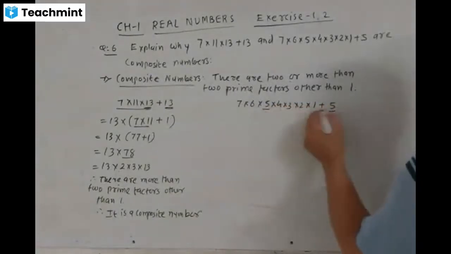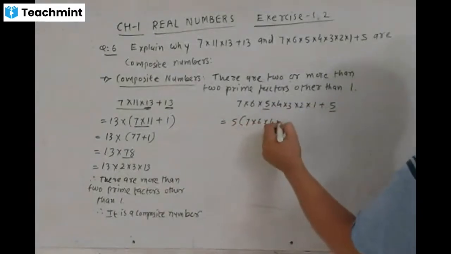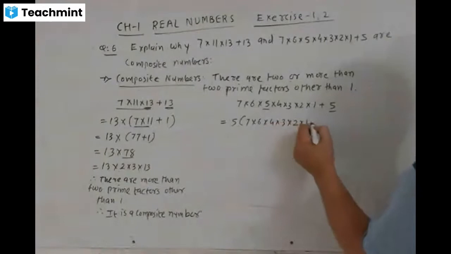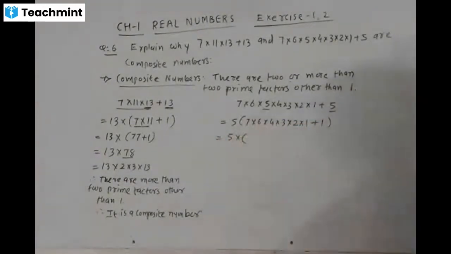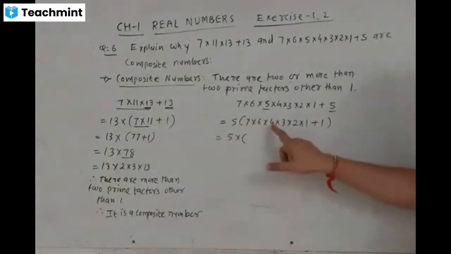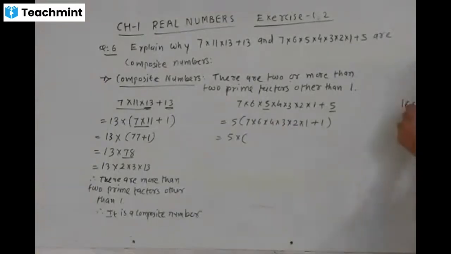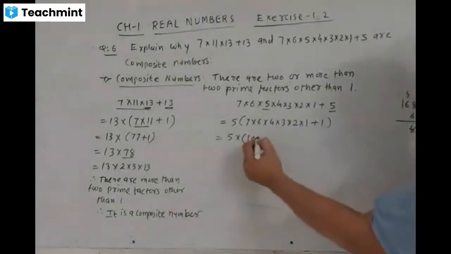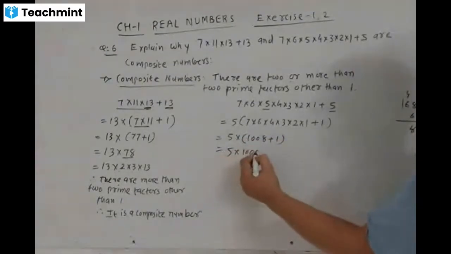Which term is common? 5 is common. 5 into 7 into 6 into 4 into 3 into 2 into 1 plus 1. 7 6s are 42. 42 4s are 168. 168 into 6 is 1008, plus 1 is 1009. And that is 5 into 1009.